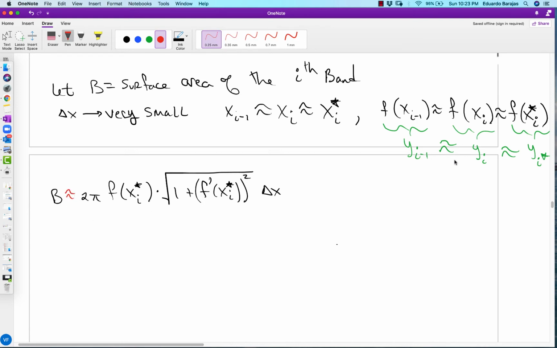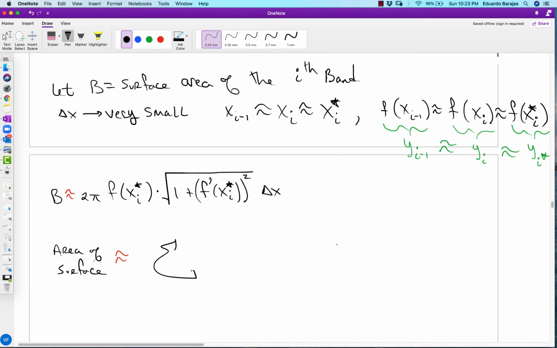And as you can see, we made a whole bunch of approximations to reduce our formula to this guy. But once we have an approximation for one band, then we can find an approximation to the surface area we're interested in. So the entire area of surface is again approximated by adding up n of these guys.